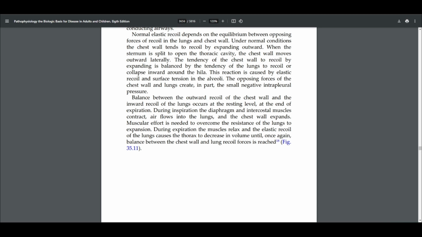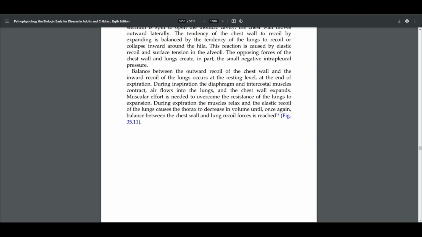The opposing forces of the chest wall and lung create, in part, the small negative intrapleural pressure. Balance between the outward recoil of the chest wall and the inward recoil of the lungs occurs at the resting level, at the end of expiration. During inspiration, the diaphragm and the intercostal muscles contract, air flows into the lungs, and the chest wall expands.